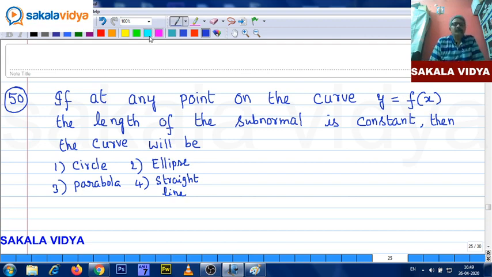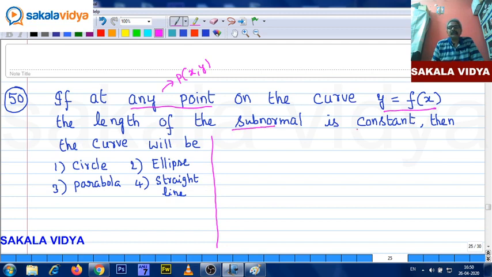So, now if at any point means you take like this P of x comma y, here x is called abscissa, y is called ordinate. On the curve y is equal to f of x, the length of the subnormal is constant, given. Then the curve will be?